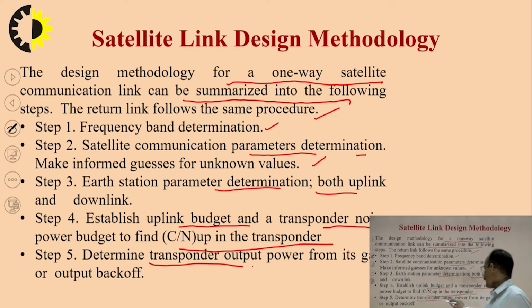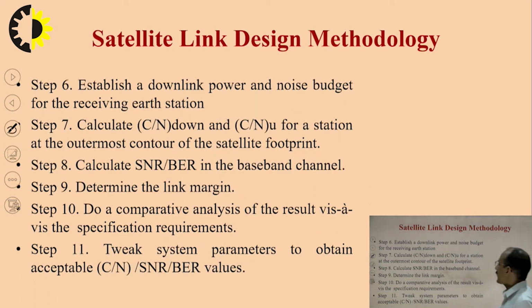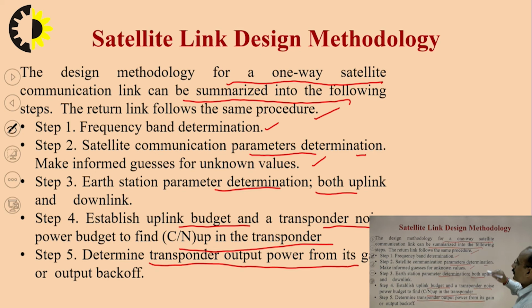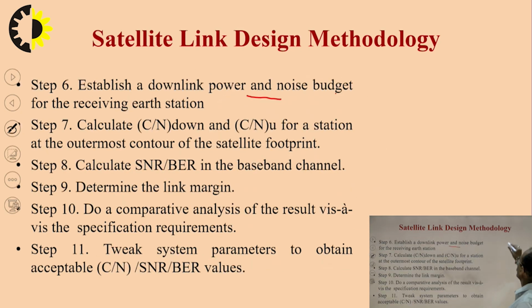Similarly, determine transponder output power from its gain or output back off. Then in the next step, you are establishing a downlink power and noise budget for the receiving earth station. Means first of all, you are finding for which band, means Ku band.